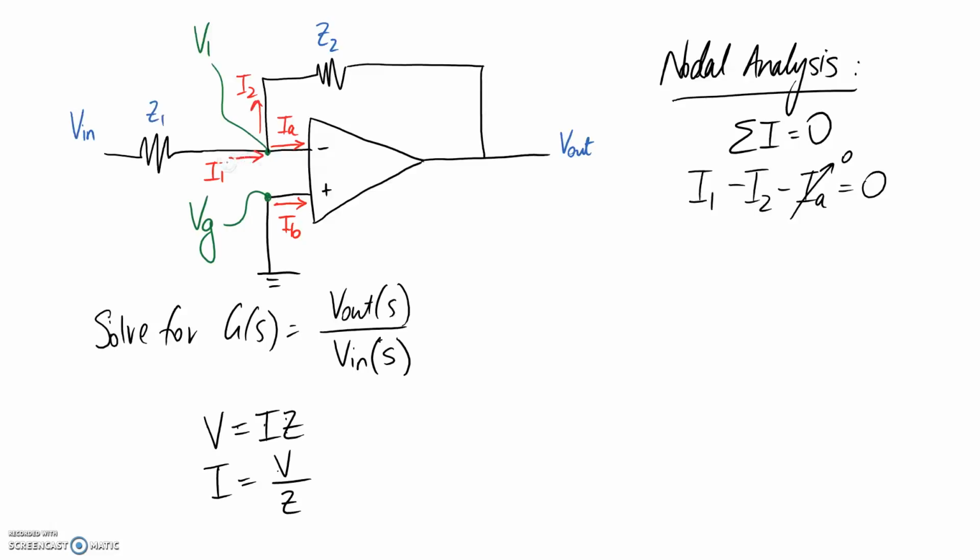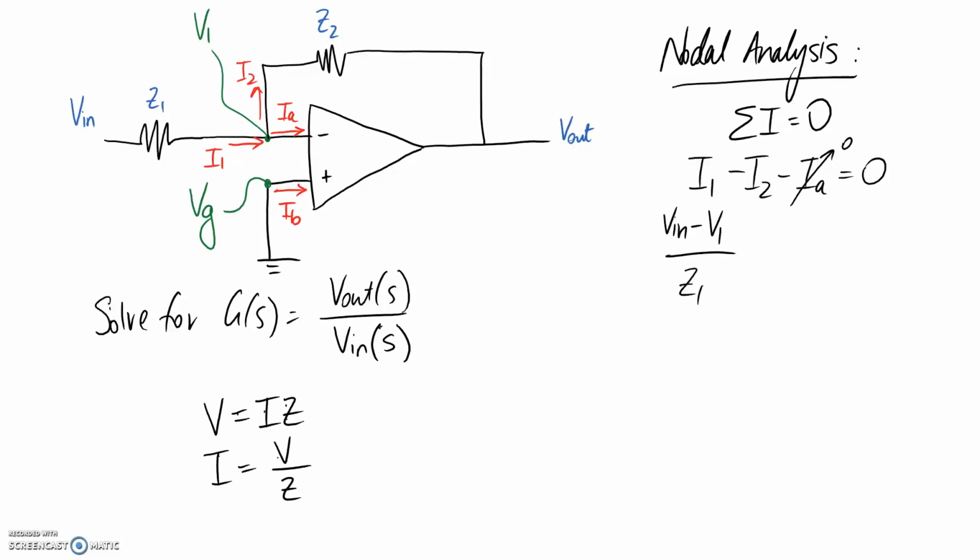So let's start by looking at I1, and we can say that we're going to have a voltage drop across this component, which is going to be equal to the voltage, so V in minus V1. And this gets divided by the impedance. So the impedance of this one is Z1.